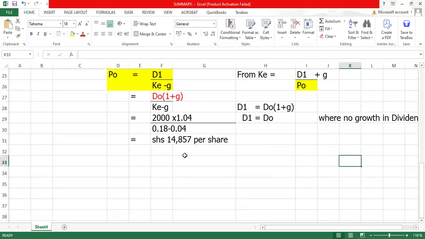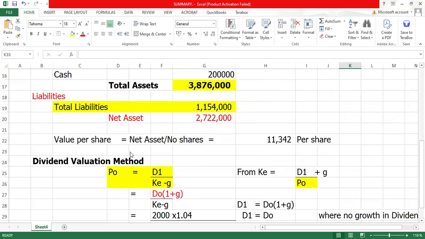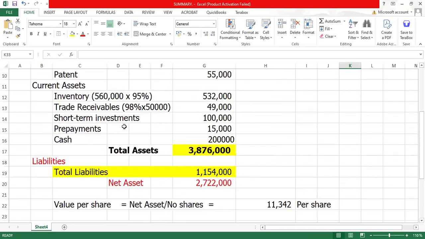So it means that this company you're trying to acquire can be more profitable.